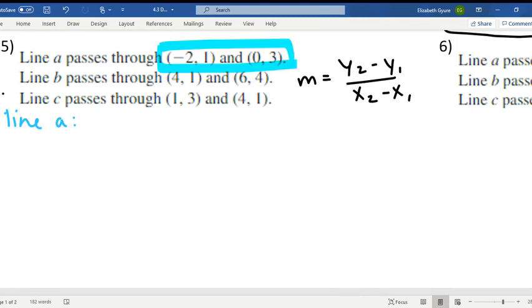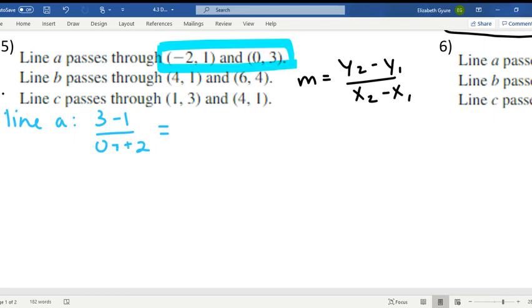So look at A. I have the points -2, 1, and 0, 3. What would I do for subtracting my y's on the top? Jaden? 3 minus 1. 3 minus 1 on top. Somebody else, what about on the bottom then? Annalise? 0 minus -2. Double negatives are going to have to switch to be positives.